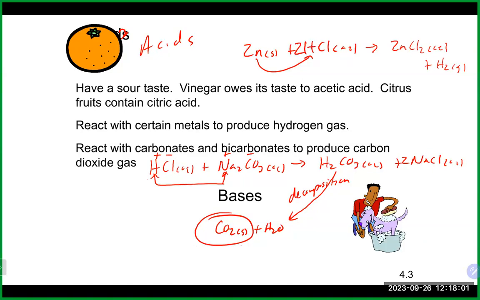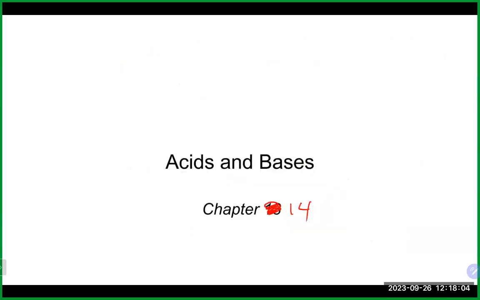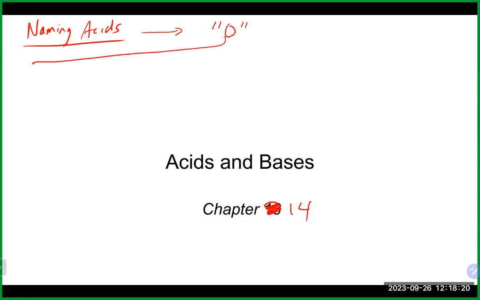Speaking of our friends acids, let's talk a little bit about, just to make sure everybody's on the same page, a little bit of naming acids, right? So as you, I'm sure, remember, when you go to name acids, it's all about oxygen. And if there is no oxygen, the acid name is hydro-something-ic acid.